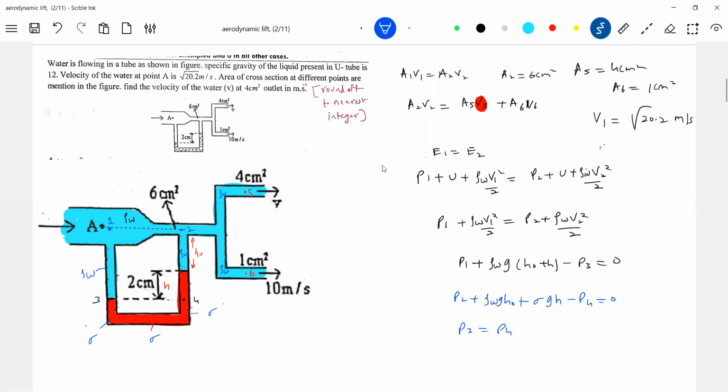Therefore P3, equal to P1 plus rho W G H naught plus H, should be equal to P2 plus rho W G H naught plus sigma G H. Rho W G H naught will cancel out. So therefore, in equation 1, P1.